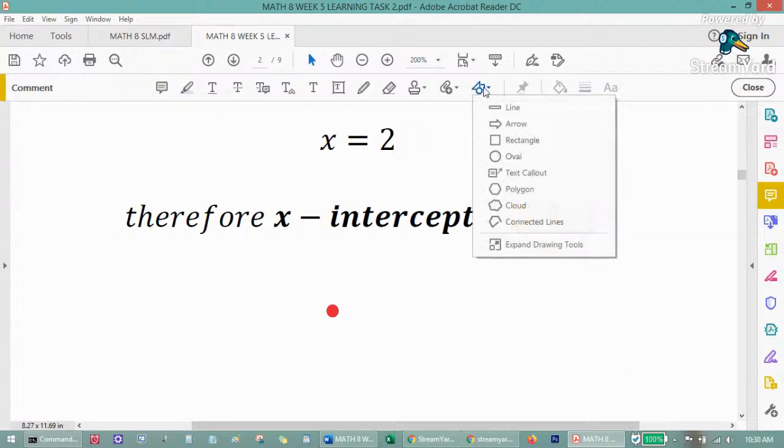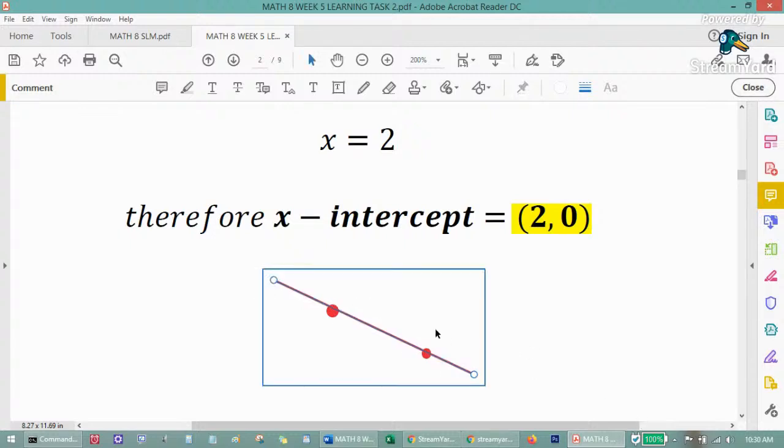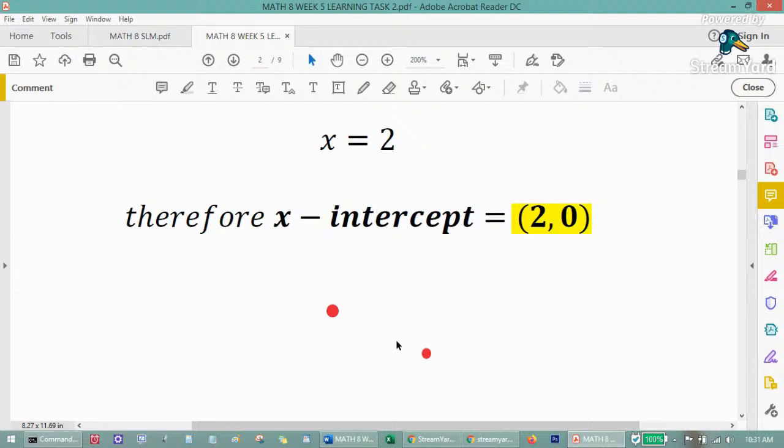So, para maging clear, kailangan natin at least 2 points para ma-determine natin kung ano ba talaga ang graph ng line. So, yung 2 points na yun ang magsasabi kung paano ang graph ng line.